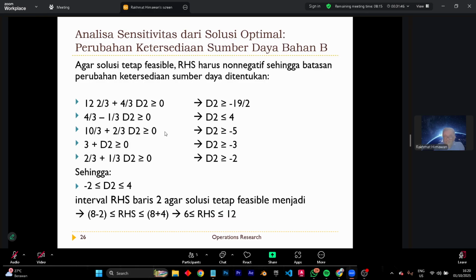Based on this, you can say, okay, it's still fine. Of course it's going to change the revenue, but it's still feasible. What if it is reduced from 8 to 5?